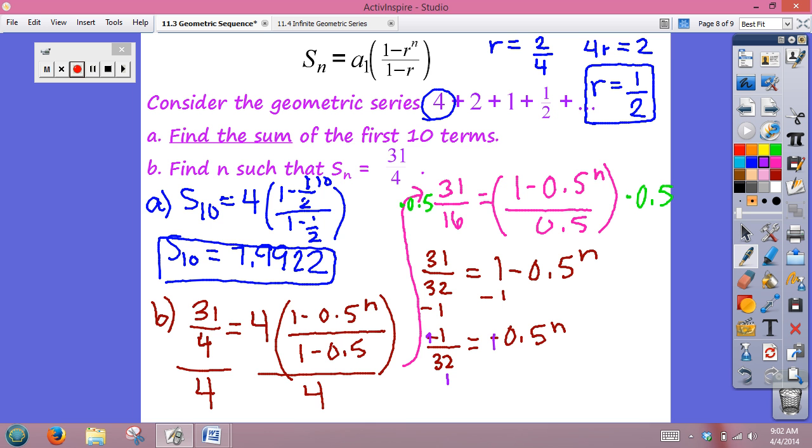So we get 1 over 32 is equal to 1 over 2 to the n power. Notice that 1 over 32 is actually 1/2 to the 5th power. So we will determine that n is equal to 5.